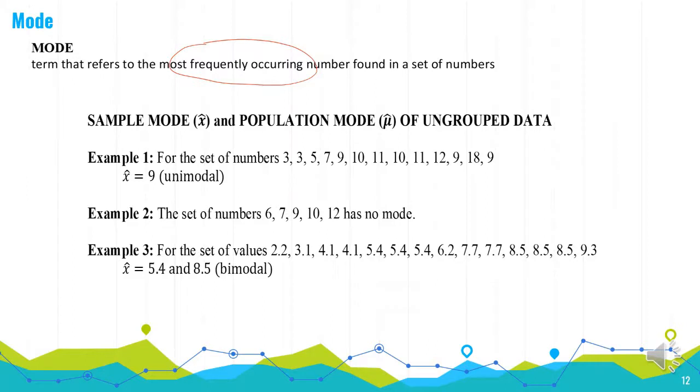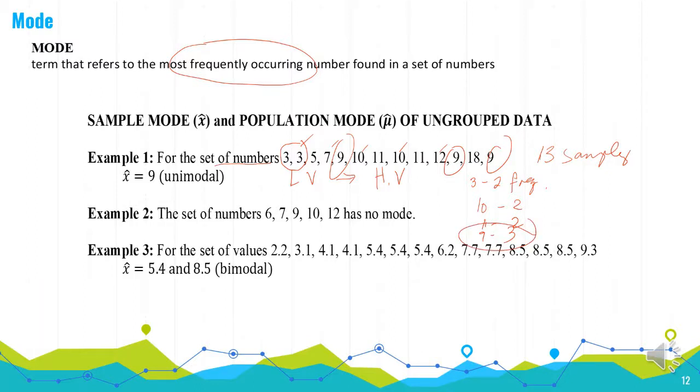If we have a set of numbers, this one, 2, 4, 6, 8, 10, 12, 13 samples. What you do is arrange from lowest value to highest value, or just observe which ones repeat. The 3 appears twice, the 10 twice, the 11 twice. The 9 appears three times. That is the most, so you say the mode is 9.